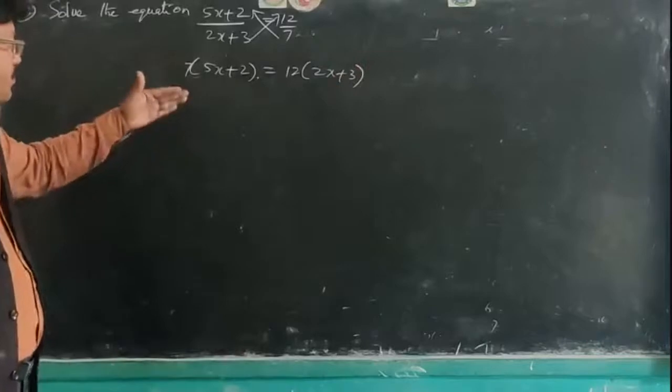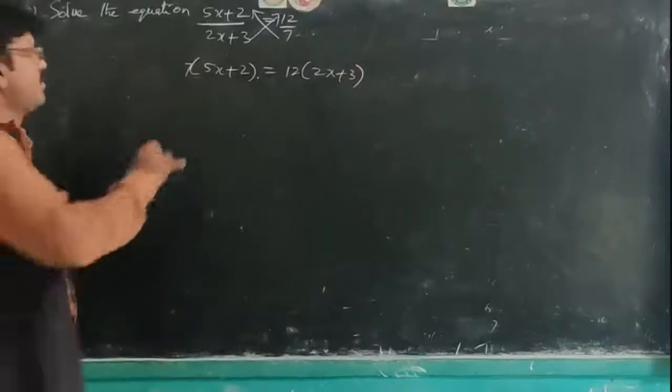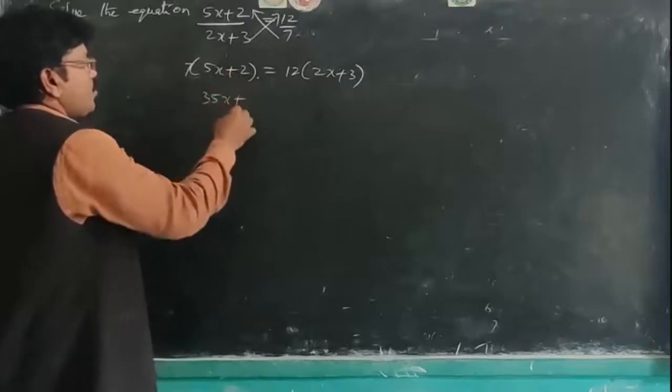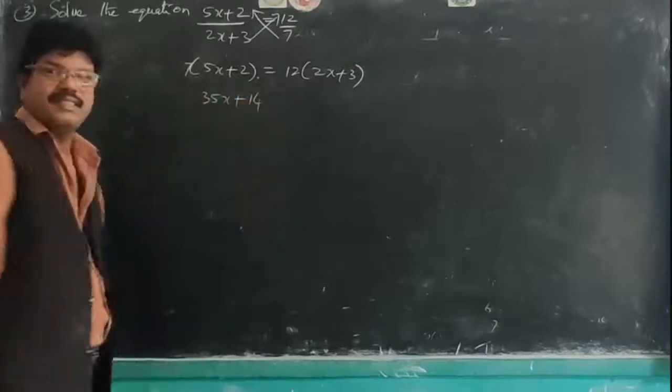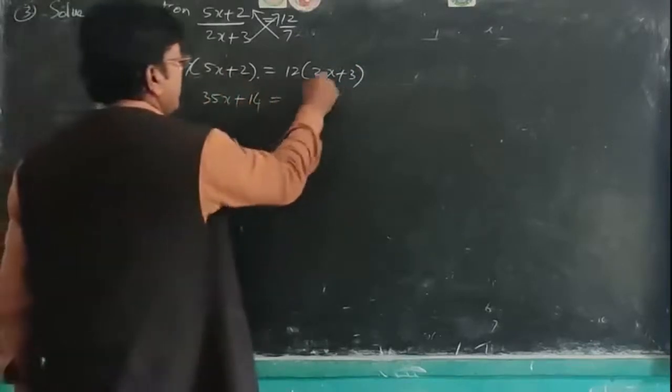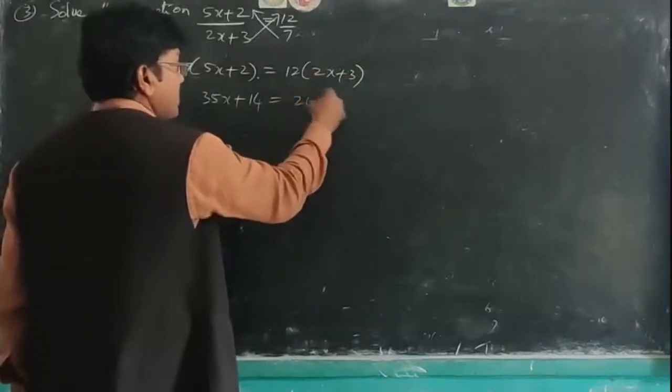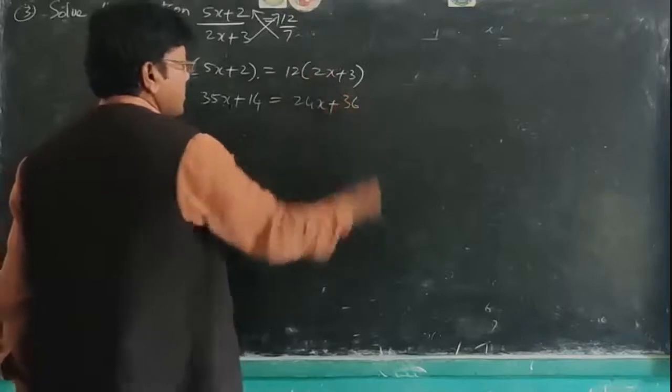Very next step, clear the brackets. 7 5s are 35x plus 2 7s are 14. Clear the bracket: 12 2s are 24x plus 3 12s are 36.